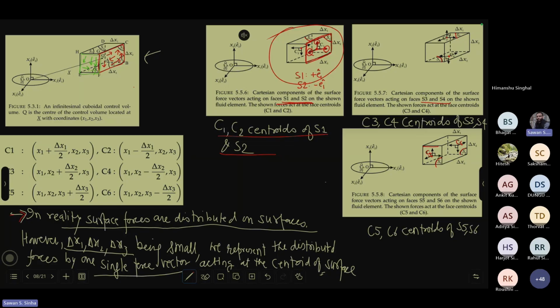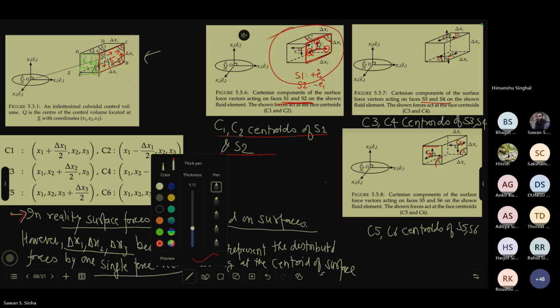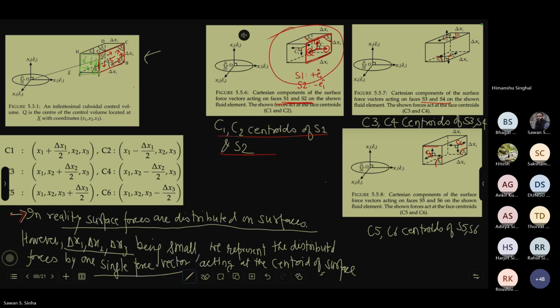On surface S2, similarly, I am putting the three components of the forces that are coming in on the S2 surface. We would like to write the expression of these forces in terms of sigma. I will do that in a little while, but before that, let's pay attention to this block here.